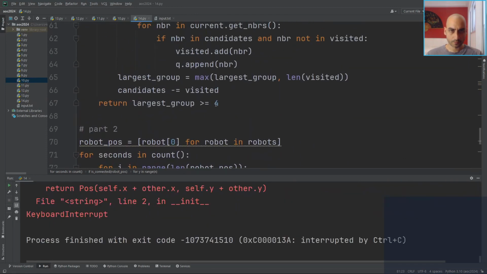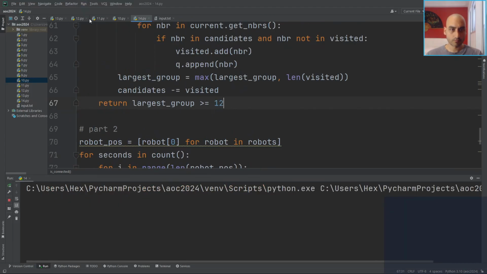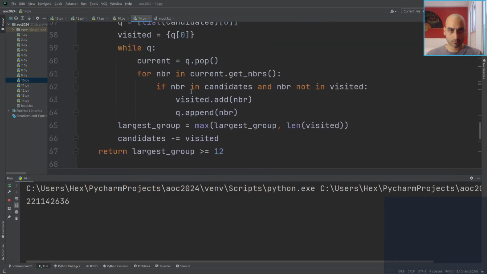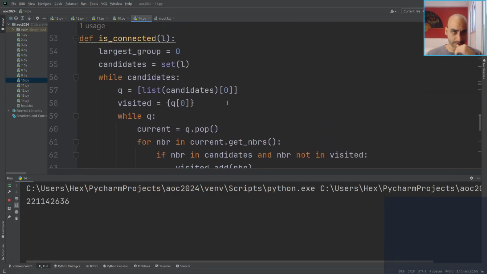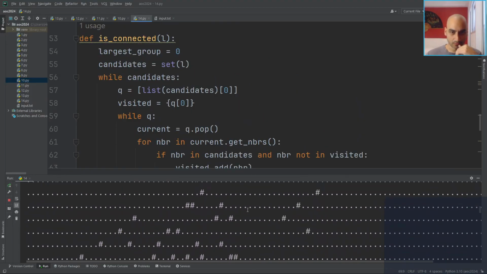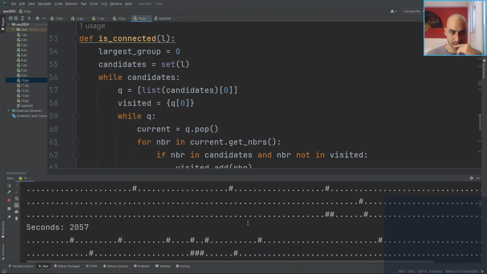I don't know. So we can't even find something where 12 of them are together.